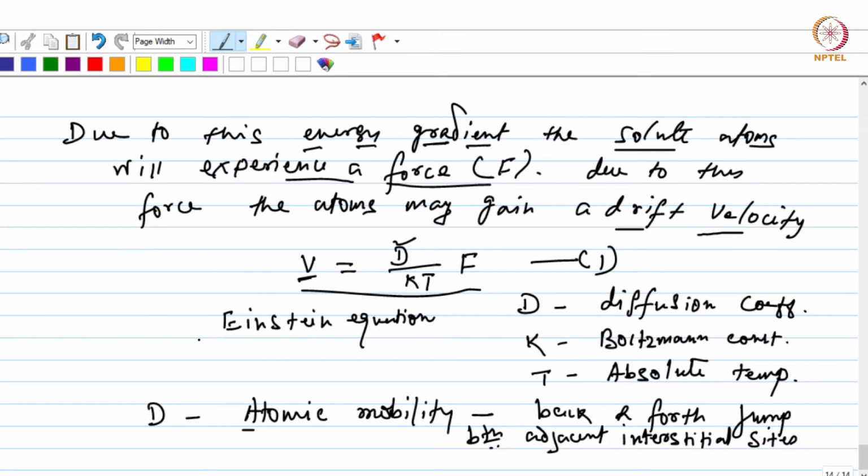Because here we are talking about a phenomenon called strain aging, and it is about the interaction of solute atoms with the dislocations. So how the solute atoms move towards the dislocation, that is what we are trying to understand over here.